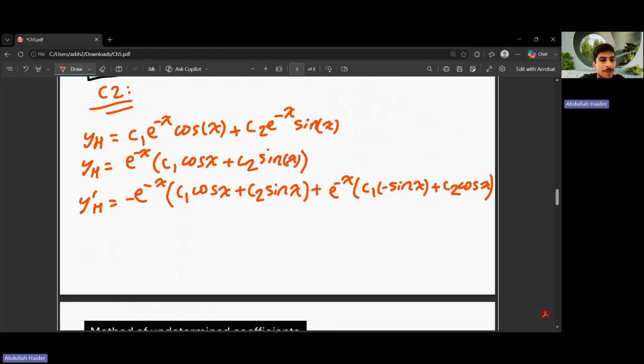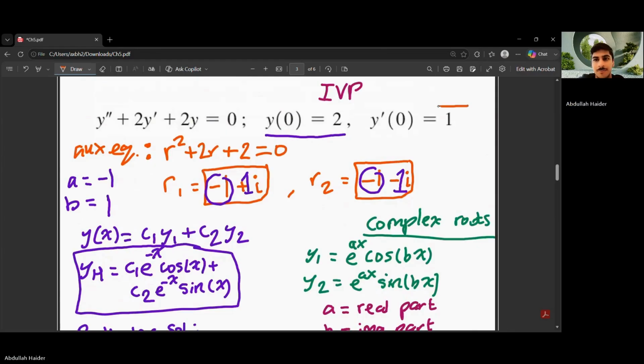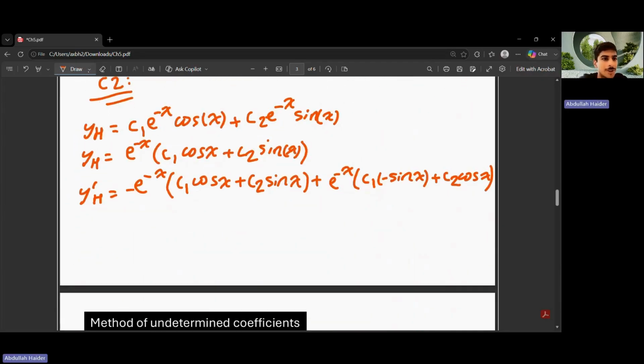So now we substitute our second condition, y prime 0 is equal to 1. I put 1 equals y prime, and I substitute 0 everywhere for x.